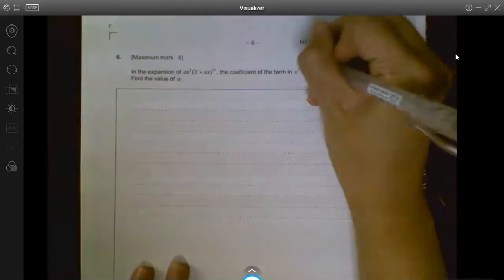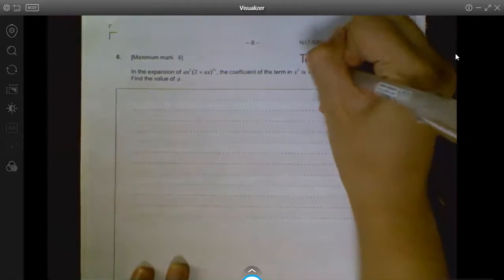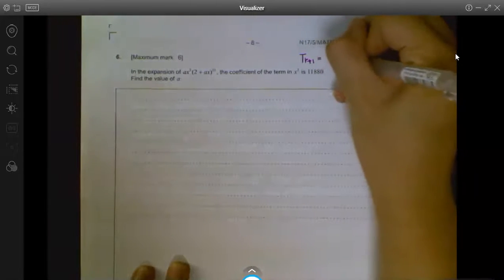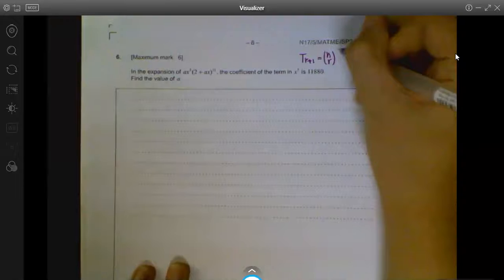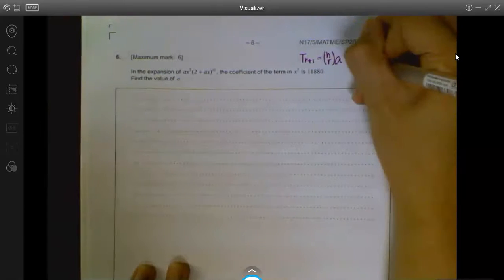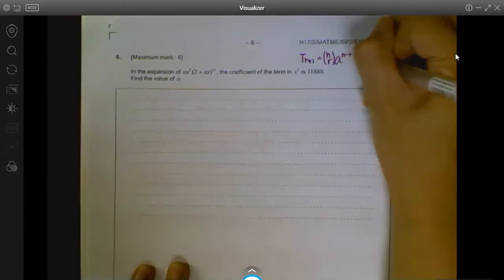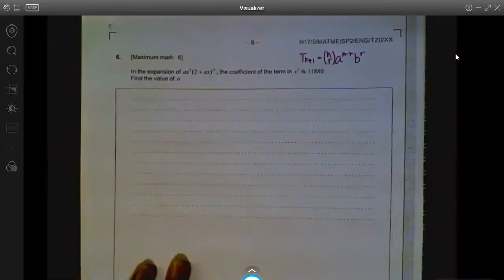So from the formula, the r plus 1 term is nCr a to the n minus r b to the r. You can match it with the formula to check that you remember it correctly.